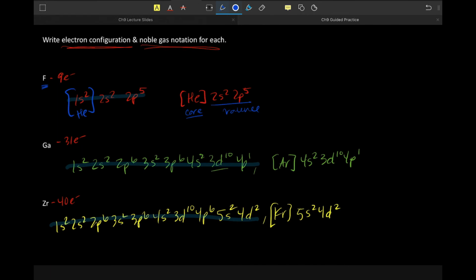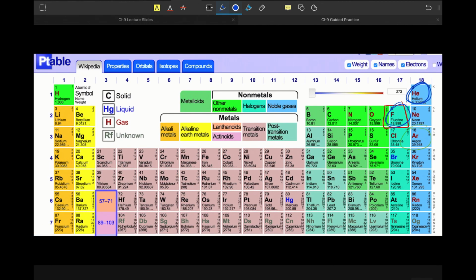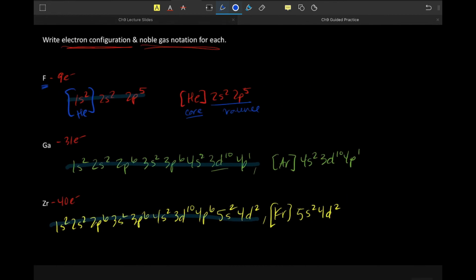Same thing for gallium. If we take a look at where gallium is on the periodic table, we would go to the noble gas before it, which is argon, which is 18 electrons. So we would find the first 18. Those make up argon, and then everything else is our valence. Here is our first bunch of electrons that make up our core, and then here is our valence.